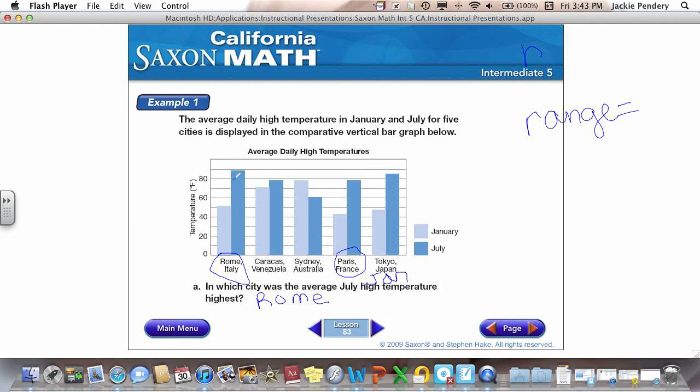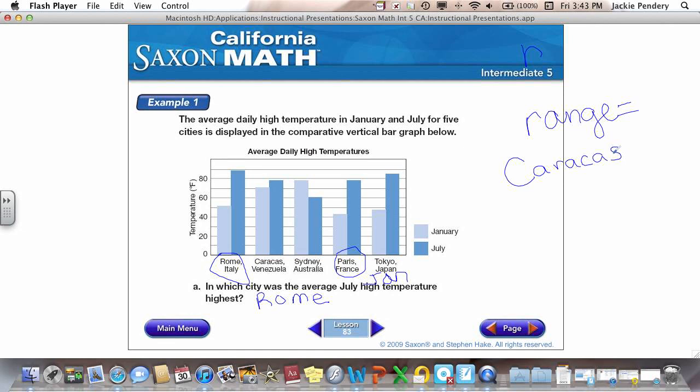Rome has a very large distance. Caracas, pretty small. Paris, quite large. And Tokyo, quite large. So without doing any math, just by looking at my graph, I can see that Caracas has the smallest distance.